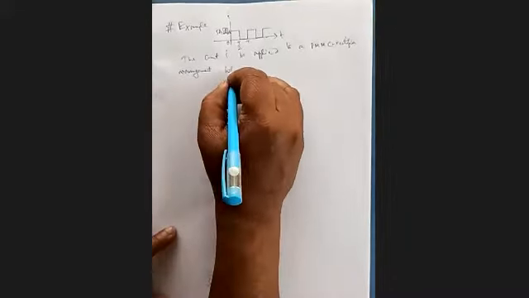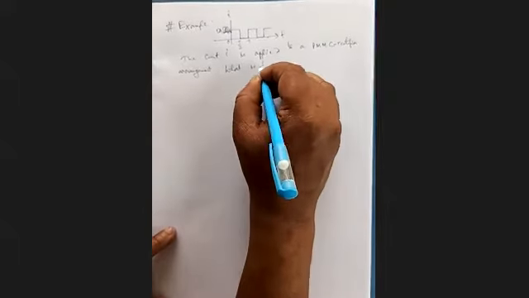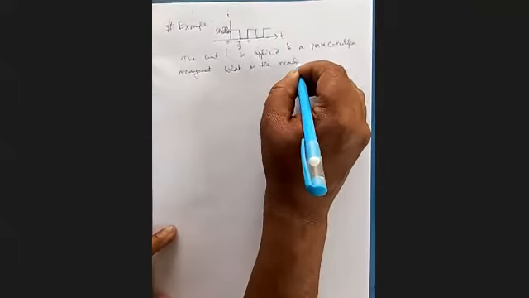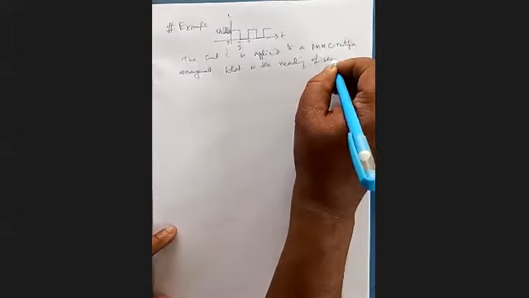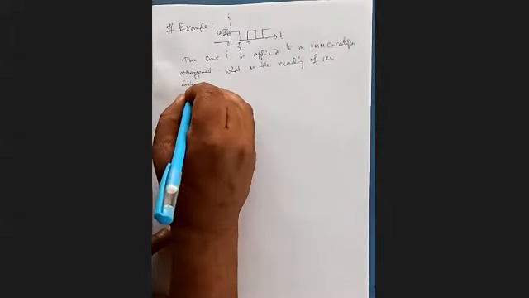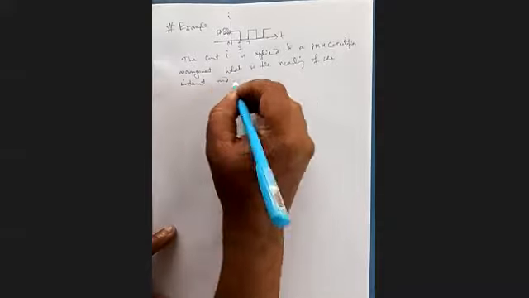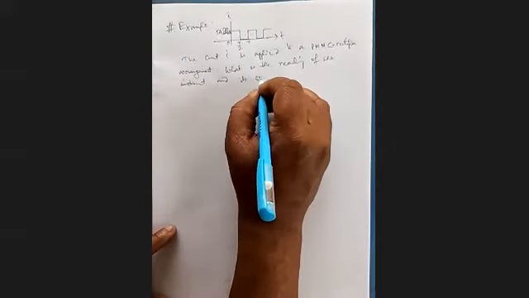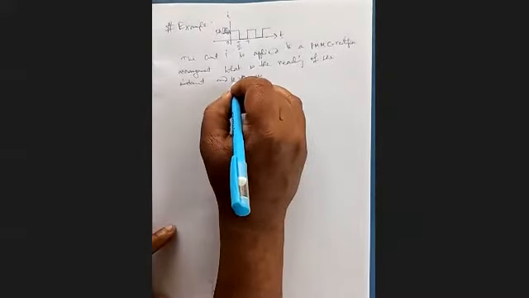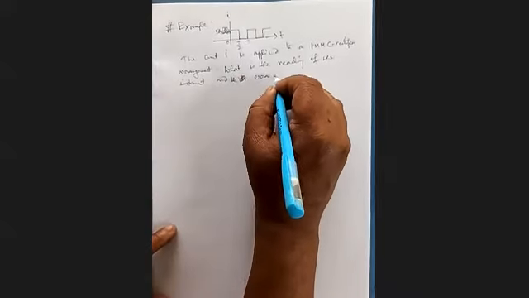What is the reading of the instrument and the error in reading?